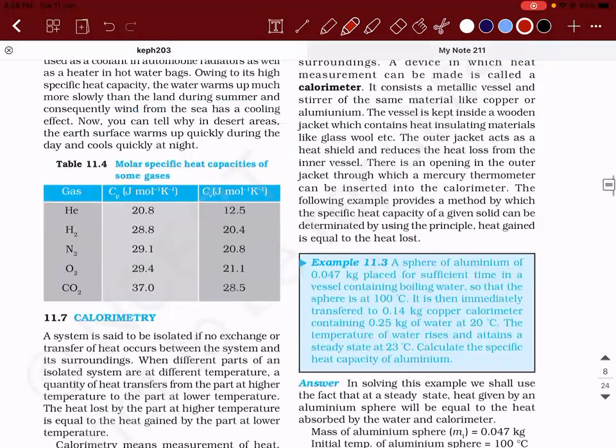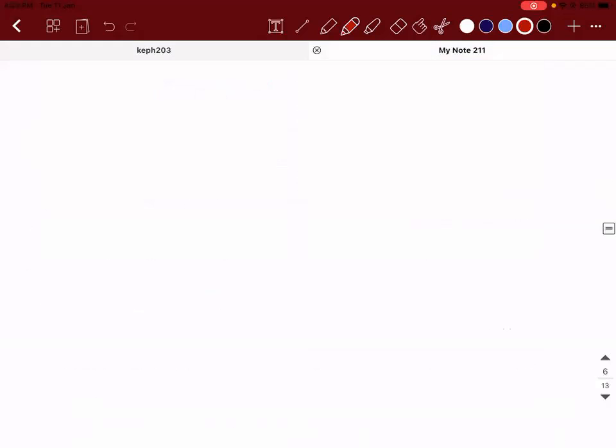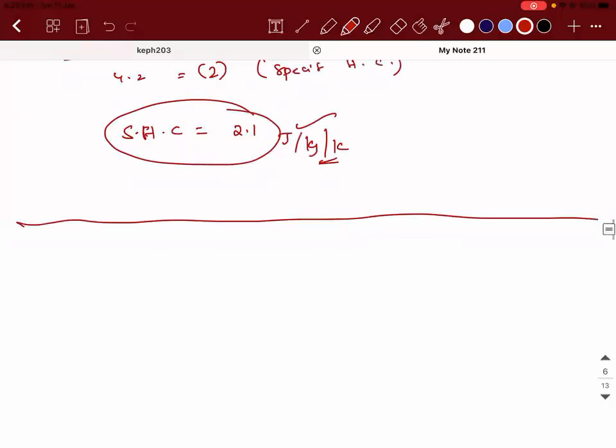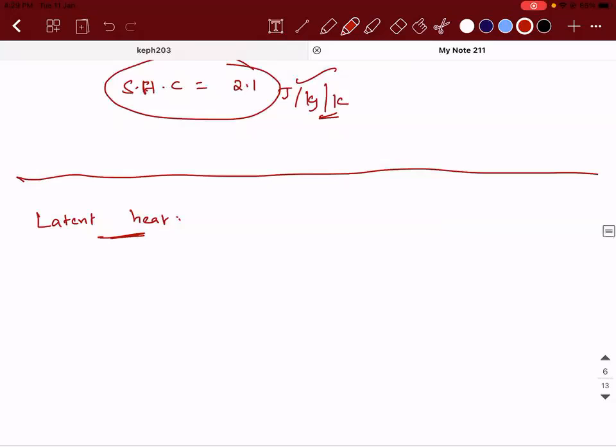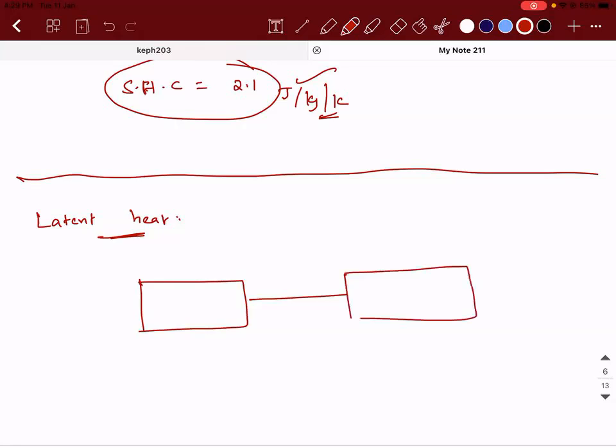Right. So the next heat that I need to discuss is latent heat. I introduced this term yesterday itself. This happens when there is a change in phase of a substance. So if you take a solid, then liquid, then gas, right?